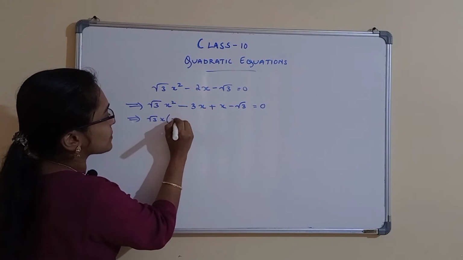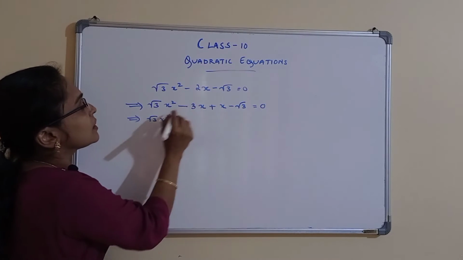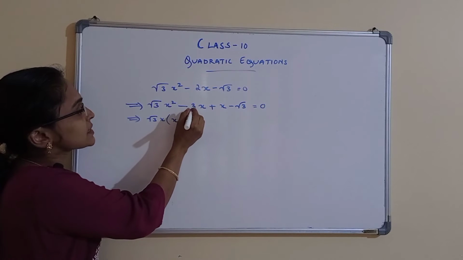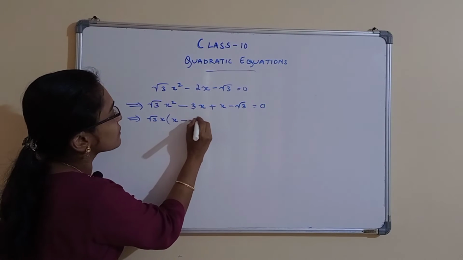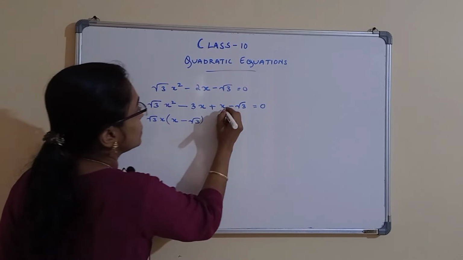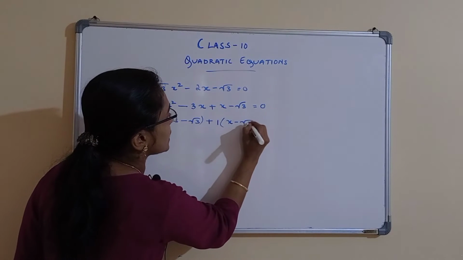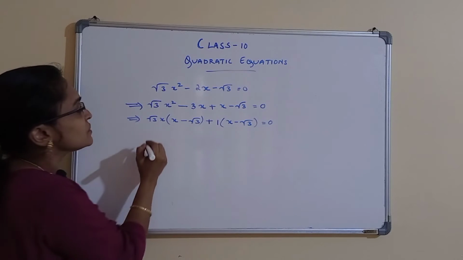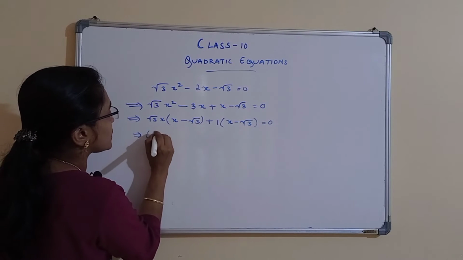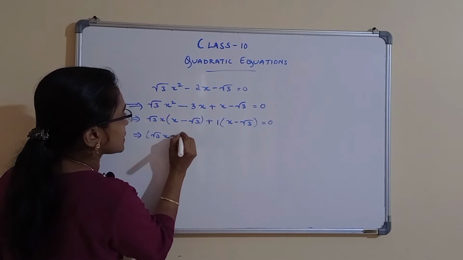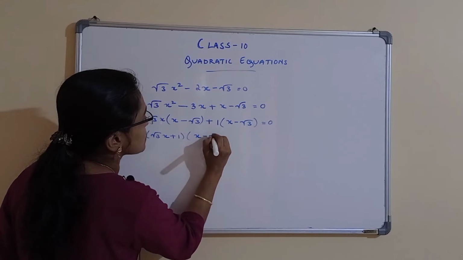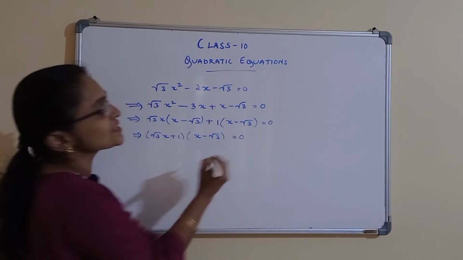So x will remain, minus root, if we take root 3x here, what will remain? Root 3 will remain. Okay, now plus 1 into x minus root 3 is equal to 0, which implies root 3x plus 1 into x minus root 3 is equal to 0.